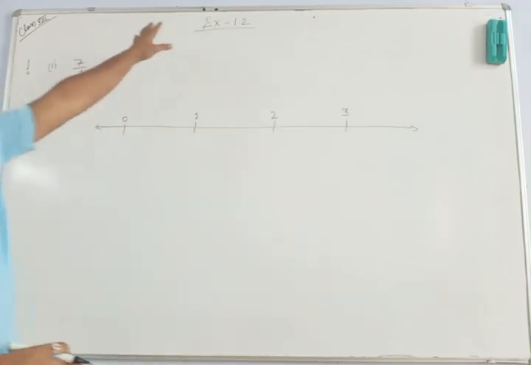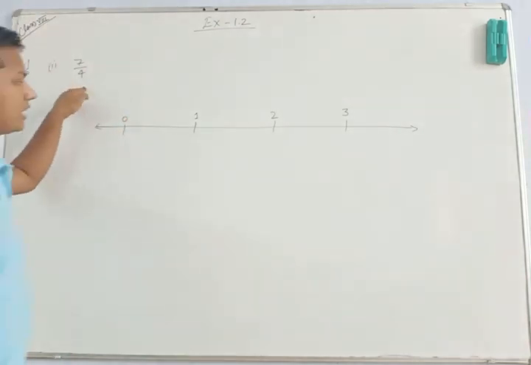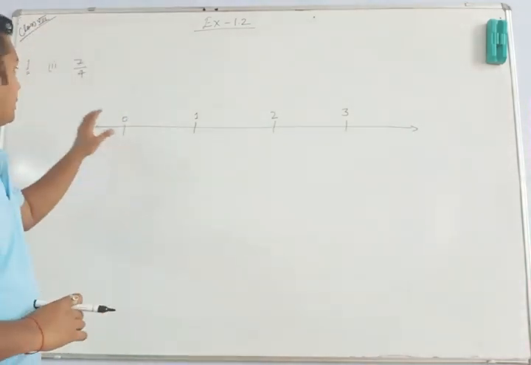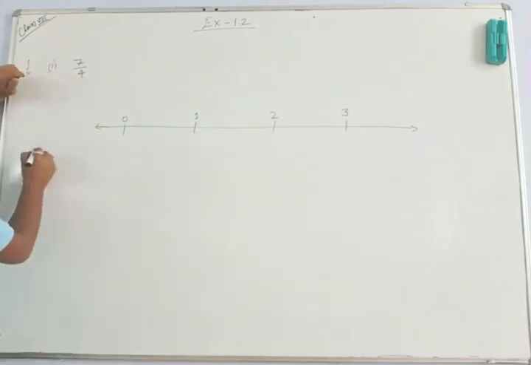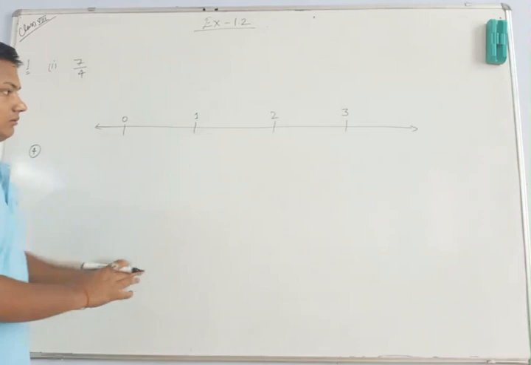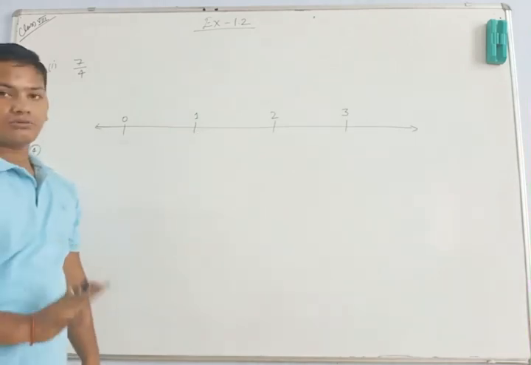Now exercise 1.2. The first question says to represent these numbers on the number line. The first number is 7 upon 4. We have to represent this on the number line. Since I have 4 in the denominator, I will divide each space into 4 parts.